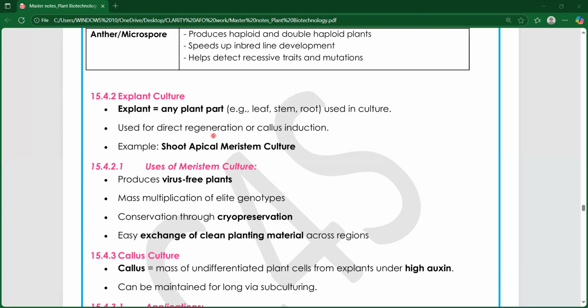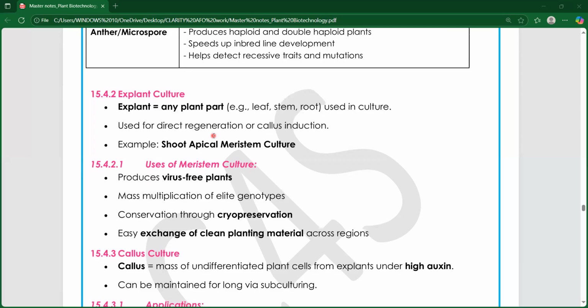The purpose of this culture is to regenerate new plantlets directly or indirectly through callus formation. If we are regenerating directly, it is called organogenesis, and when we are regenerating indirectly, it is through callus formation. So in this way we use the explant culture.